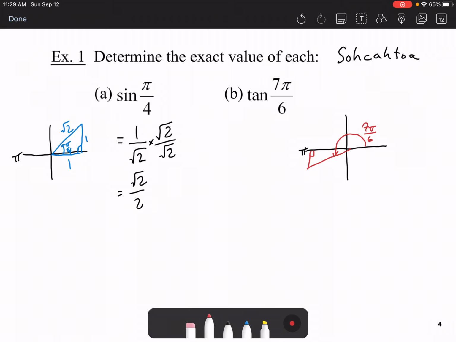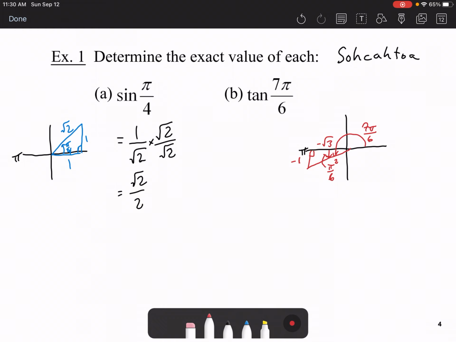Well, because this angle right here, the related acute angle, is only pi over 6 units away from pi, we can come up with some more parts of this triangle. So I know this length would be 1, this length would be square root 3, and this length would be 2. Now, because of where it's located, this is actually negative root 3 and negative 1.